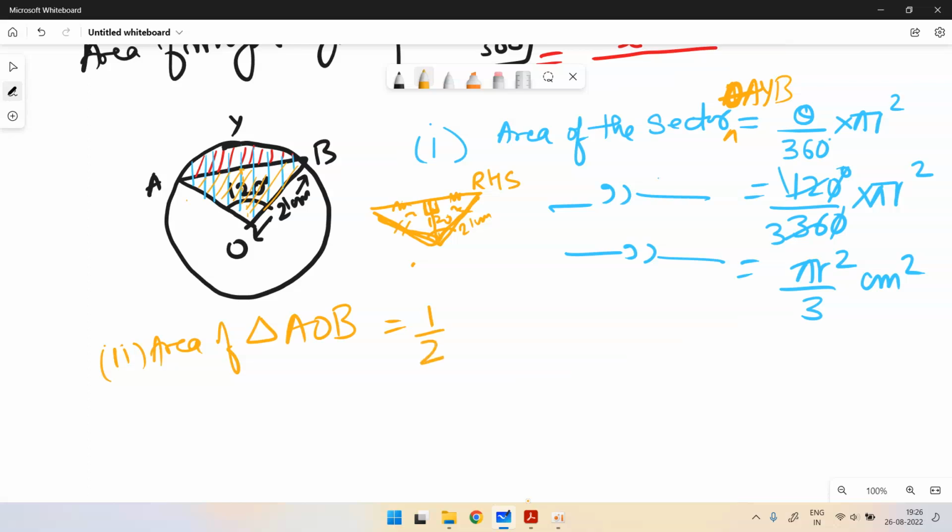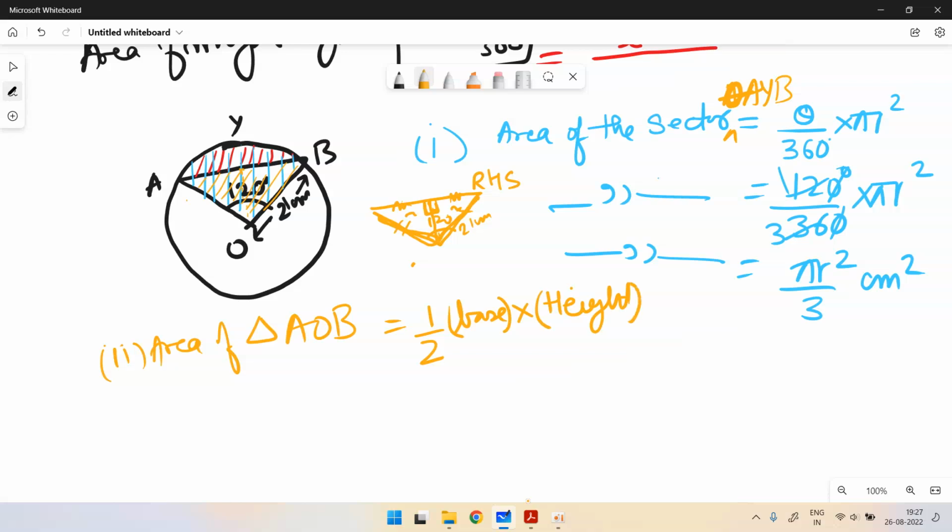Area of a triangle is half base into height. Always write the formula because it carries at least half the marks in your examination, and it will make you more clear about what you are doing.